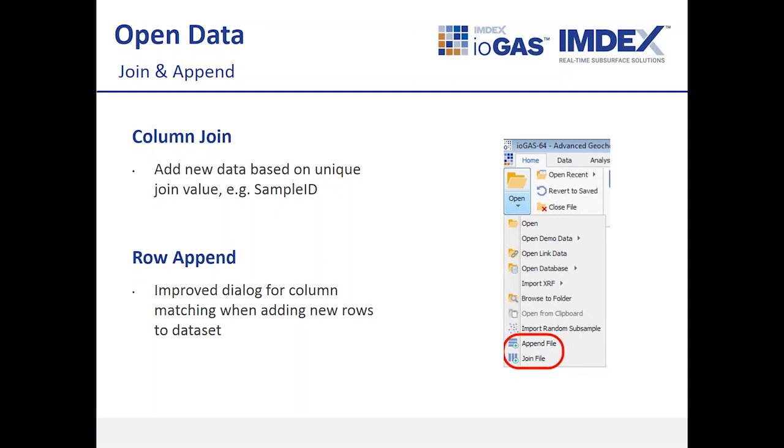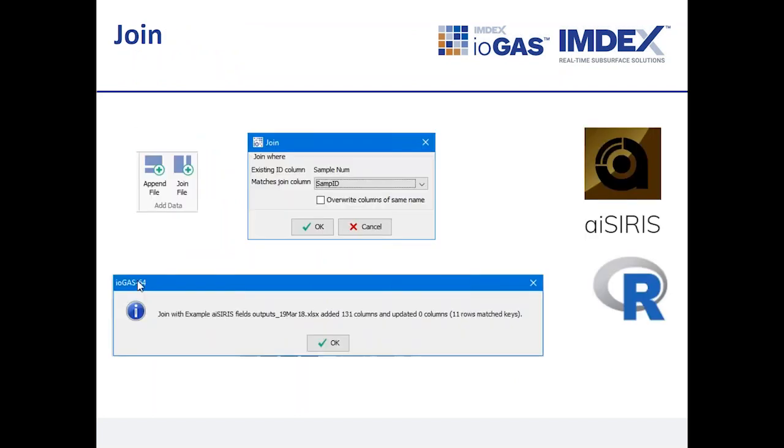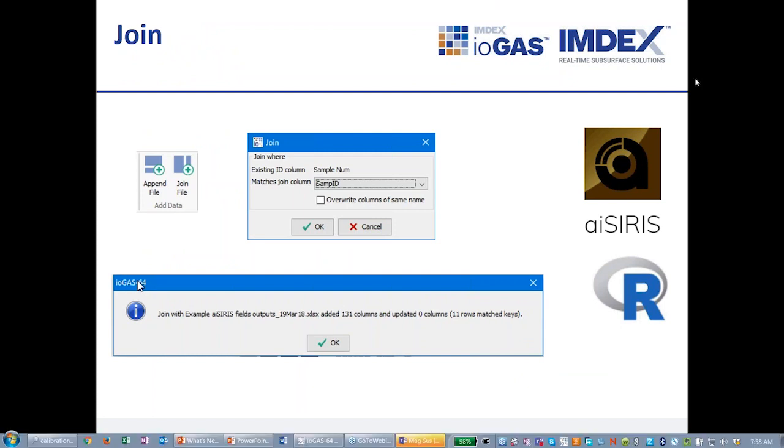Some of the workflows that opens up: we do know that people either have data from outside of gas that they want to bring in and match, typically with geochem data, or users may take data out of gas and do some sort of other statistical manipulation with it, but then want to get it back into gas to do the visualization of the results. So the two use cases there would be, for example, using Sasha Pontual's AISIRI software from AusSpec. We know that a lot of people have chemical data for their samples.